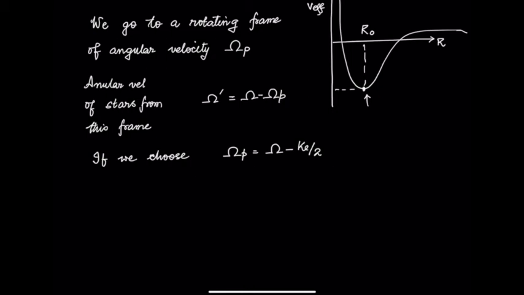And then it has a kappa, which is the epicyclic frequency, the frequency at which it oscillates around that guiding center. If I choose omega p to be omega minus kappa by 2, then what happens? This implies that omega prime is omega minus omega plus kappa by 2. So this is just kappa by 2.